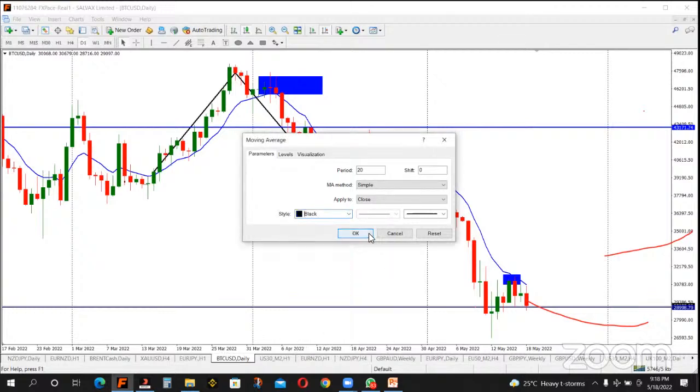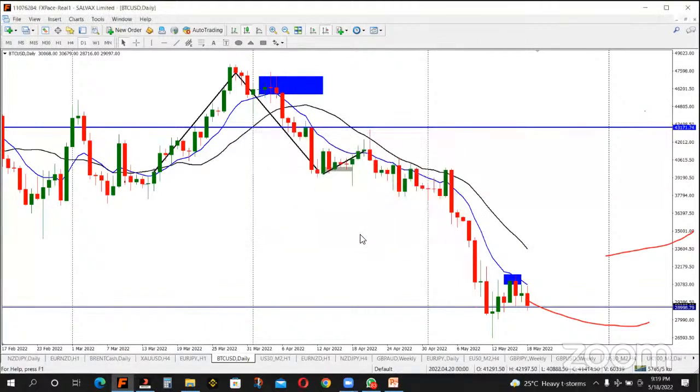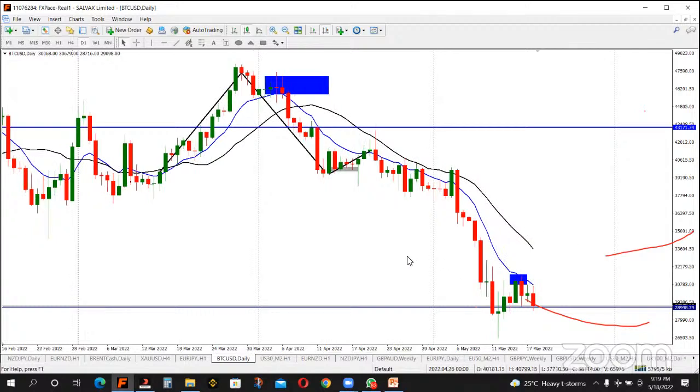The color has nothing to do with the strategy. It has nothing to do with your trade. Any color that tickles your fancy, you can use, as long as you can see it clearly. Now, I've just plotted a 20 period moving average on my chart.